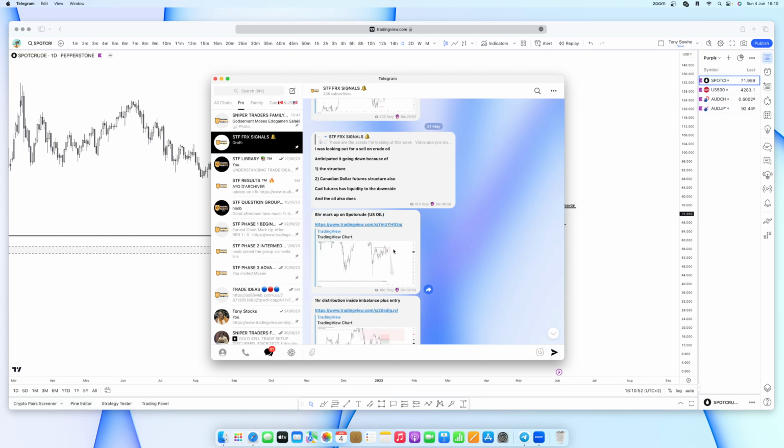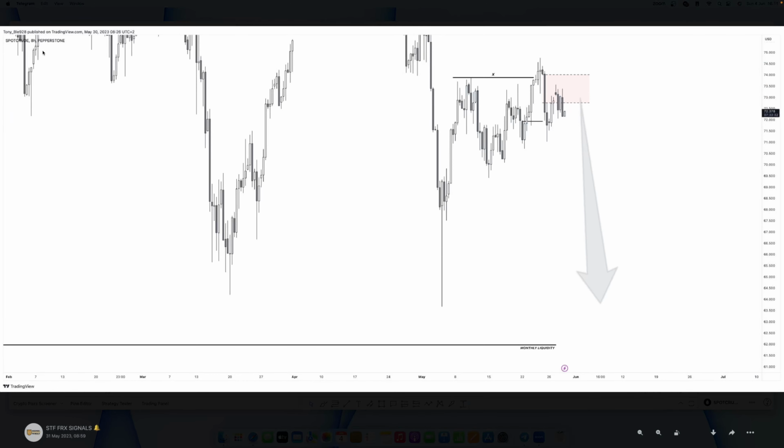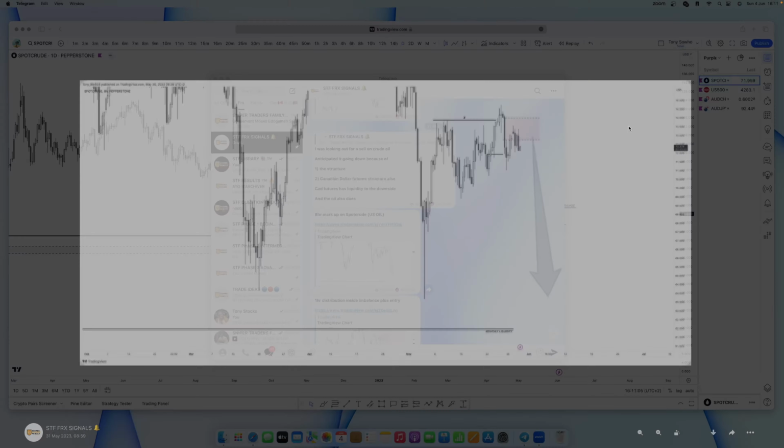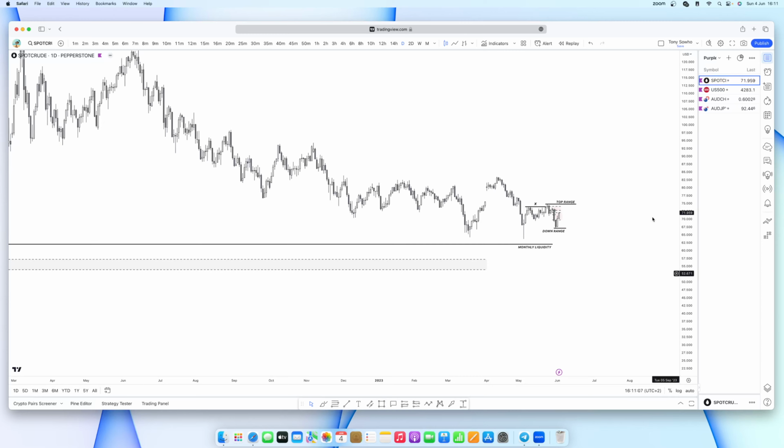And then we know the relationship between the US oil and the Canadian dollar. So yes, that's what I was looking at, and I had this 8-hour markup, and price played out.